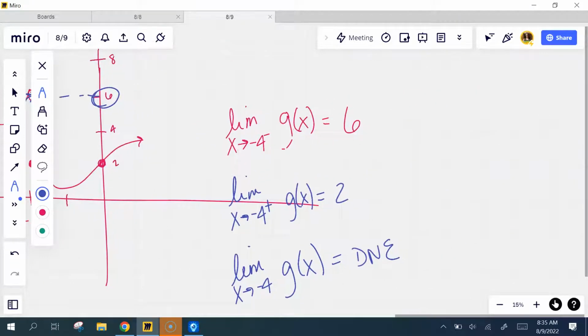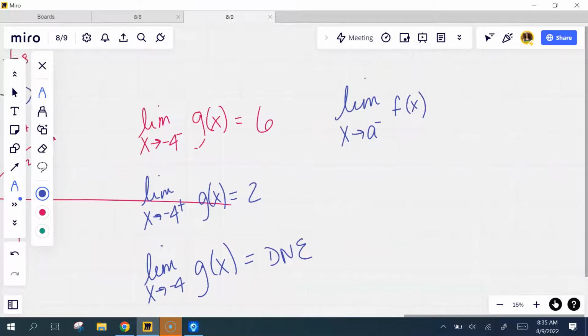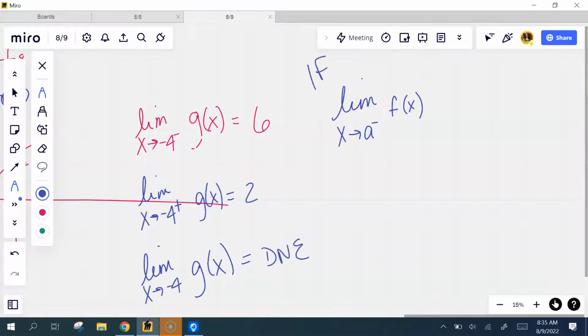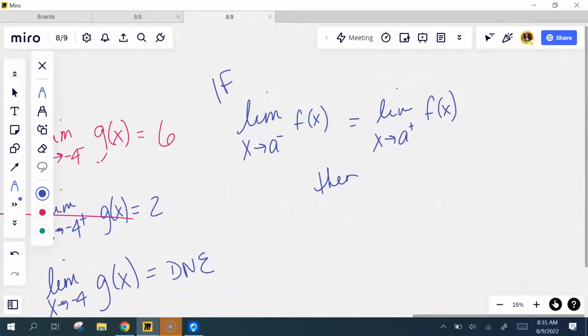So in order for the limit to be defined, if the limit from the left equals the limit from the right, then it also equals the limit as x approaches a of f of x.